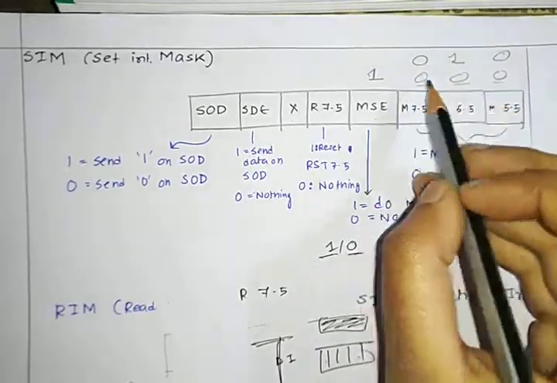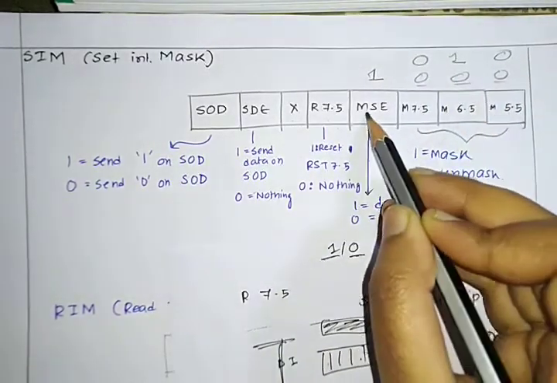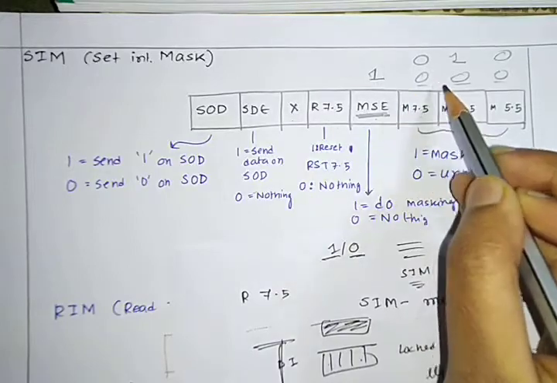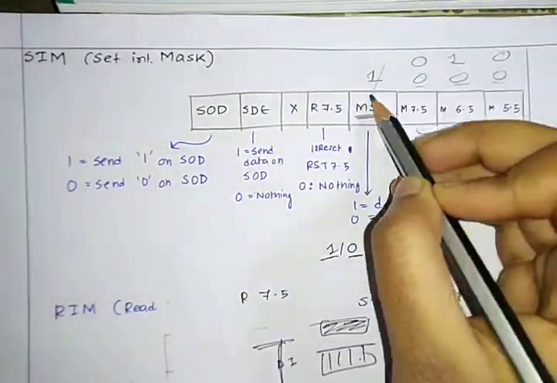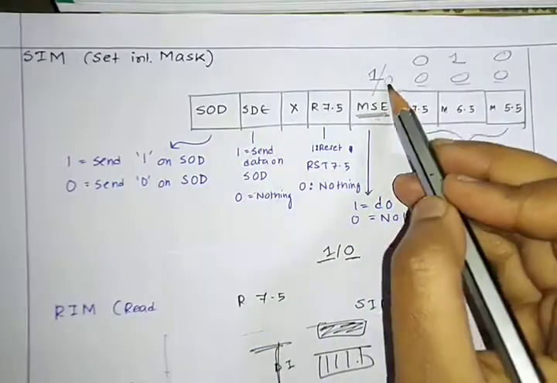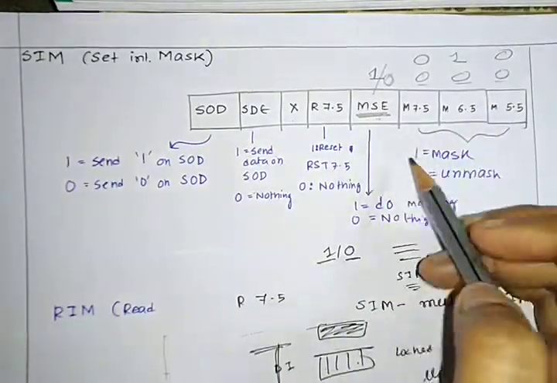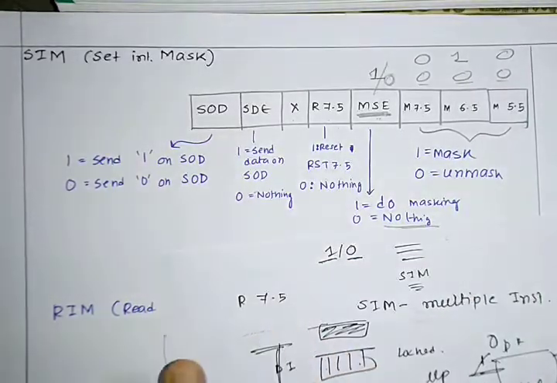You set the bits. So using MSE, you just give the permission to mask them. If MSE is 1, I'm allowed to mask. If MSE is 0, you can't do anything, no masking is happening.